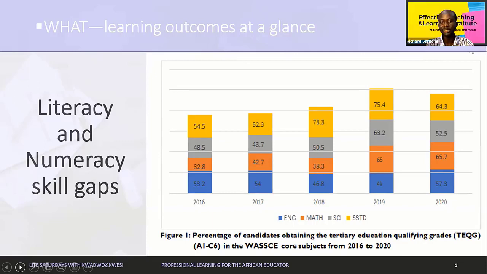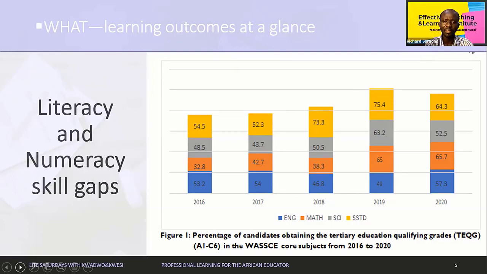Exactly. It was even worse if you look at the numeracy part, where from 2016 to 2018, you're talking about an average of 30 or 40% of them passing in mathematics. Even though from 2019 onwards the trend has changed, and we've seen some increase in the passing rate, about 65+%.